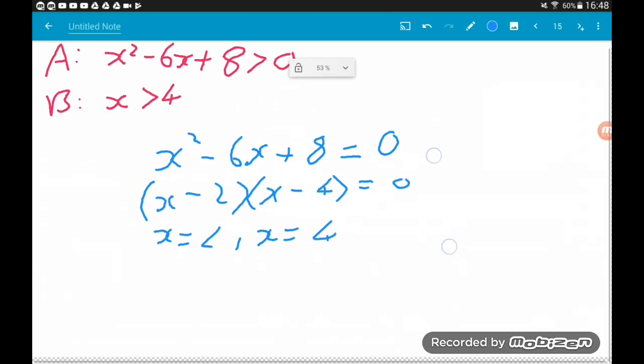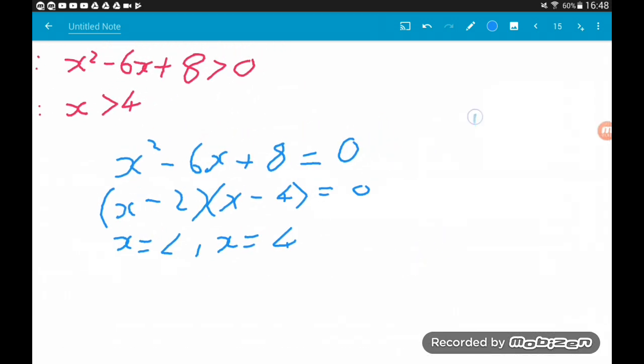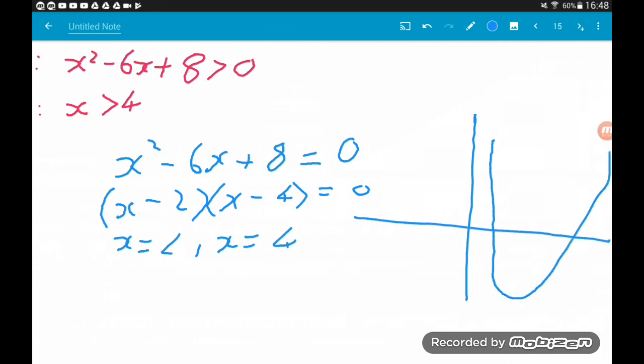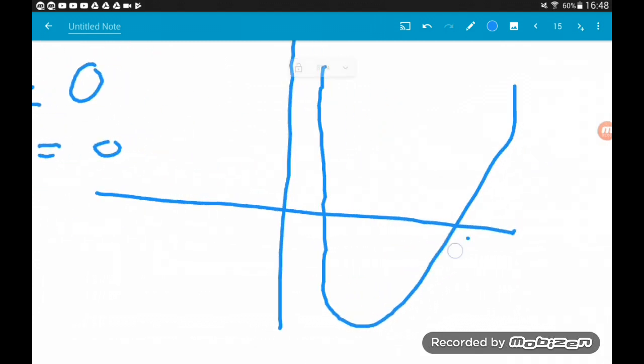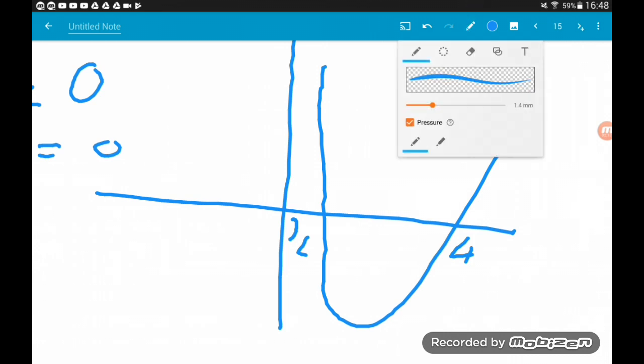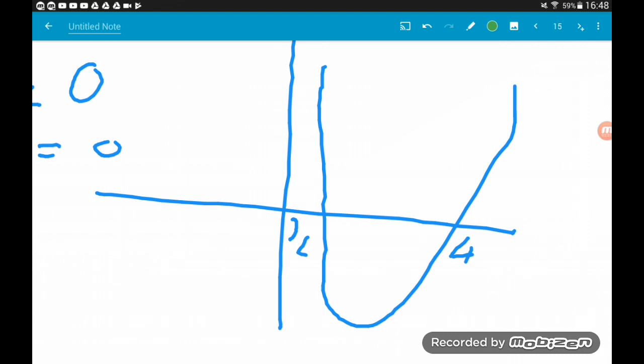So if we sketch that, we've got something that looks like this. So here, x is 4, here, x is 2. So we're trying to solve where is this quadratic expression greater than 0, or in terms of the graph, where is the graph above the x-axis?